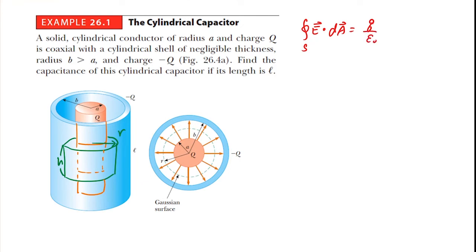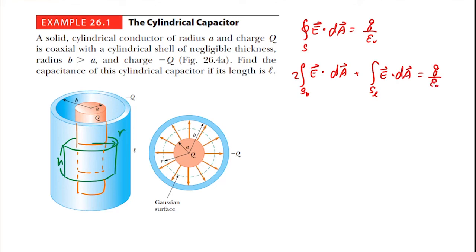Good. Okay, then let's break it up into three integrals again. So two of the base E dot dA plus one of the lateral, and that is Q over epsilon.